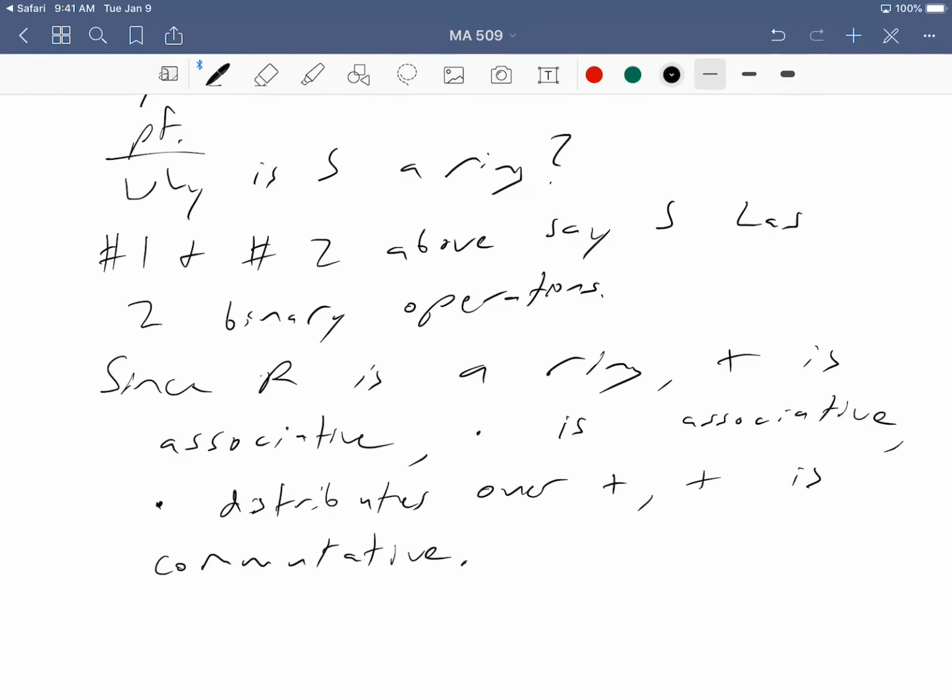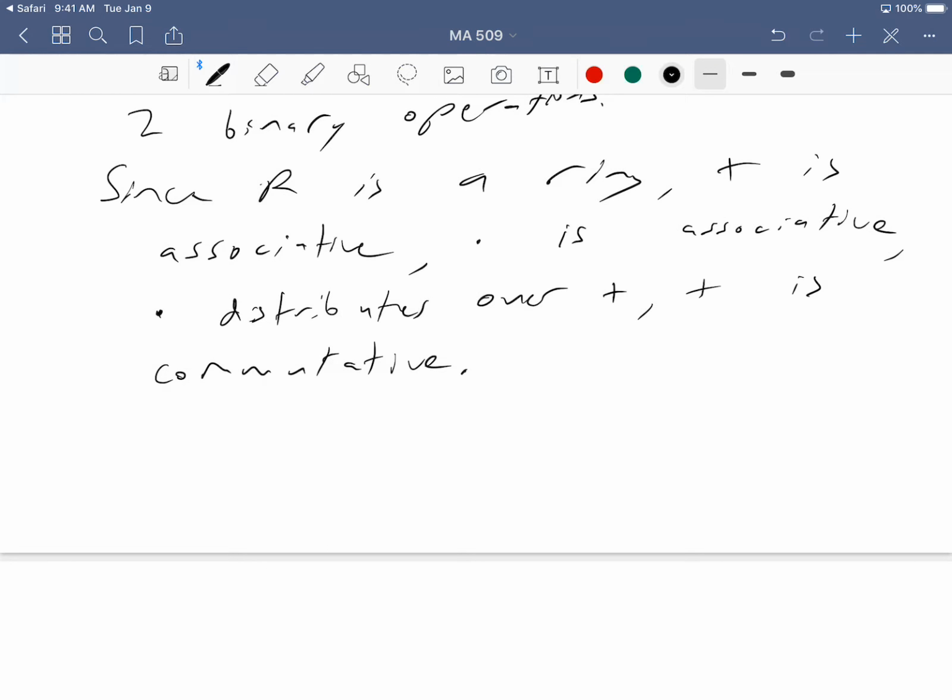Okay? Now, all of these things hold for addition in R, but we can also add things in S, and we're really doing the same thing. It's like adding integers instead of adding rationals, or adding real numbers versus rational numbers. If we know that addition is commutative in any of those settings, if we knew it's commutative in R, I should say, then we know it's also commutative with integers, because integers are real numbers.